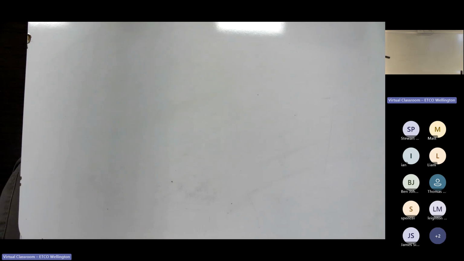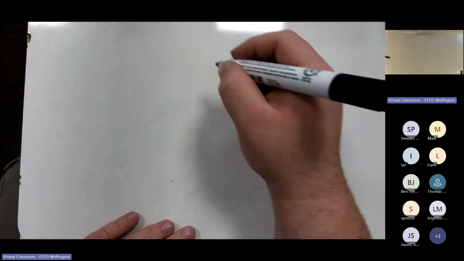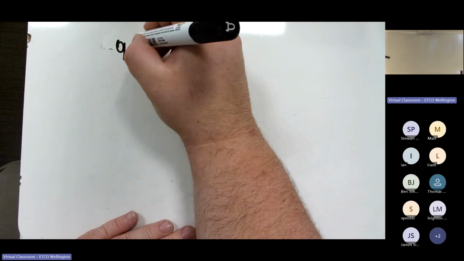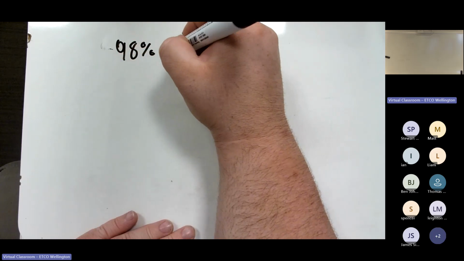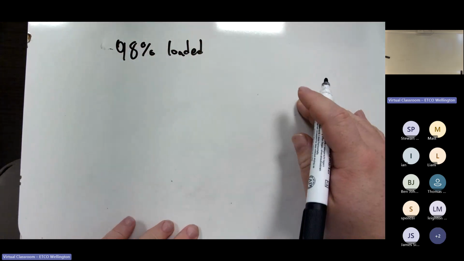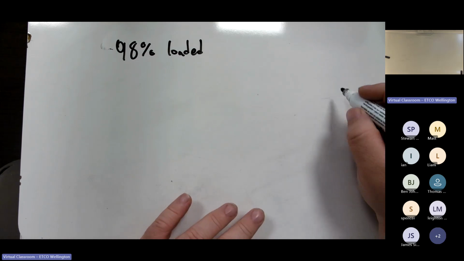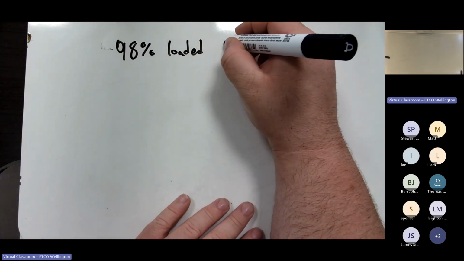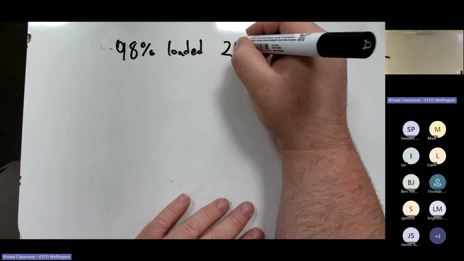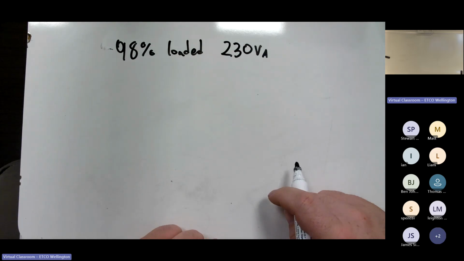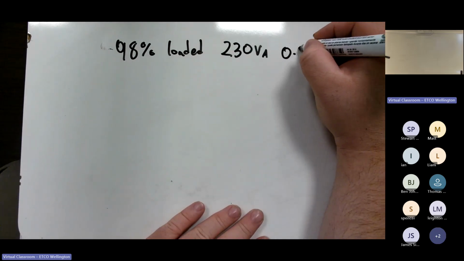So we know the load being applied to the transformer as a percentage. We're going to say it's 98% loaded. We're going to say that the output power of the transformer it's supplying in VA, the apparent power, is 230 VA. The power factor is 0.9.